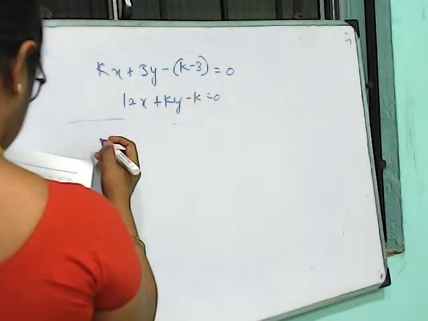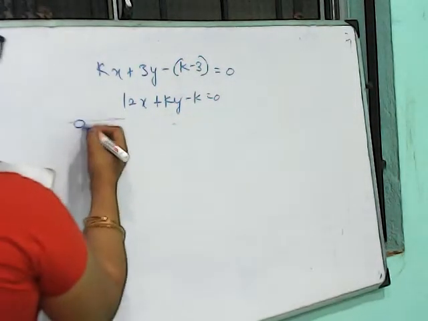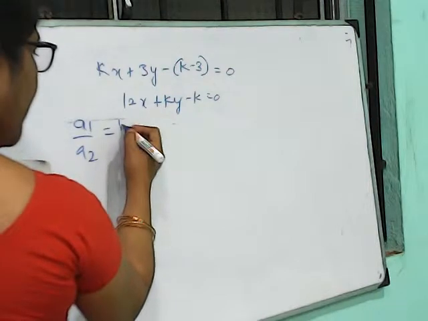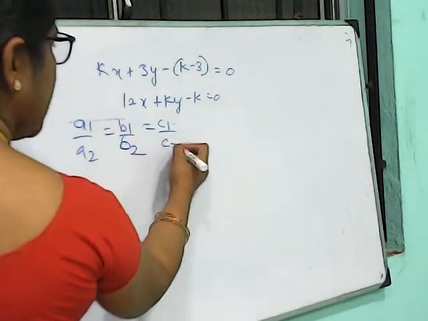As I said, what is the condition for infinitely many solutions? A1 by A2 is equal to B1 by B2 is equal to C1 by C2.